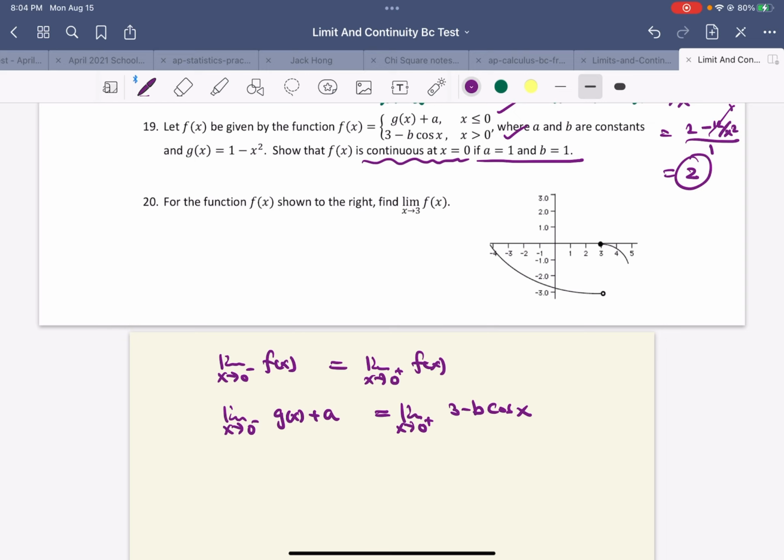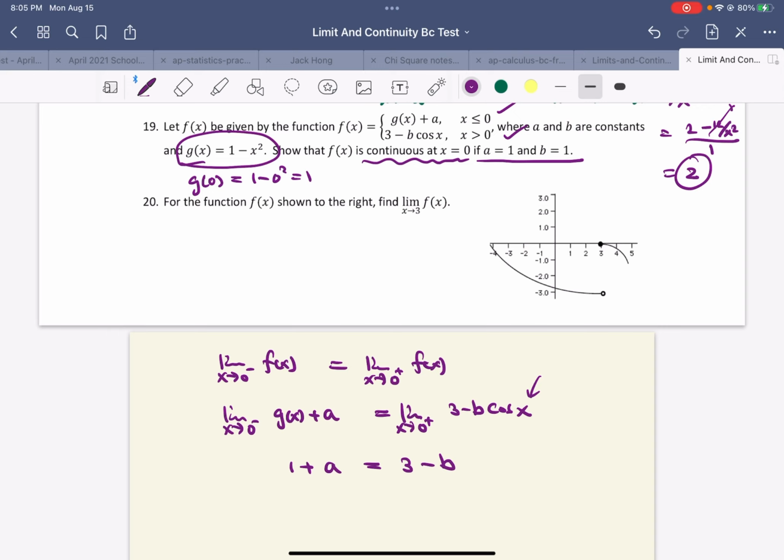So when you plug in 0, g of 0, you can use this one here. g of 0 is 1 minus 0 squared, which is 1. So I can say 1 plus a is going to be equal to, now, cosine 0 is 1, so that will be 3 minus b. b times 1 is just b.